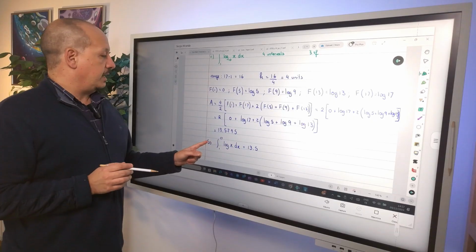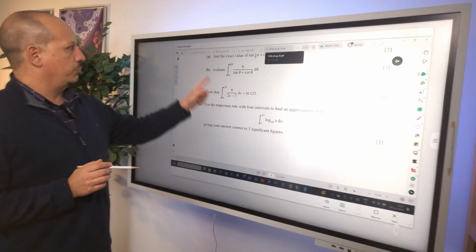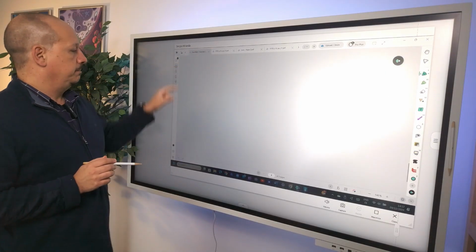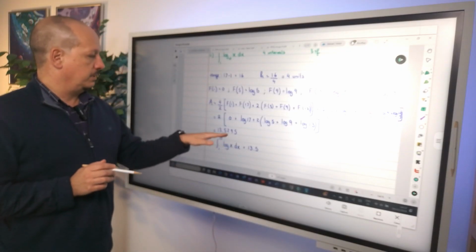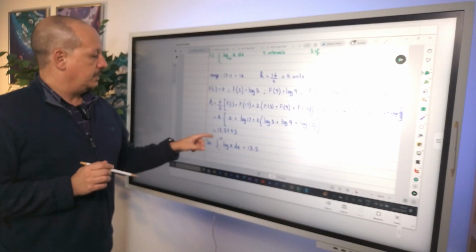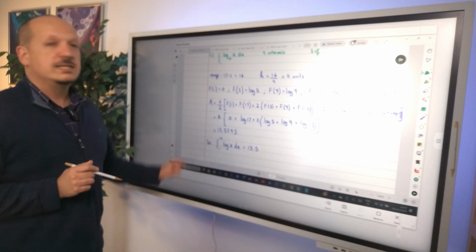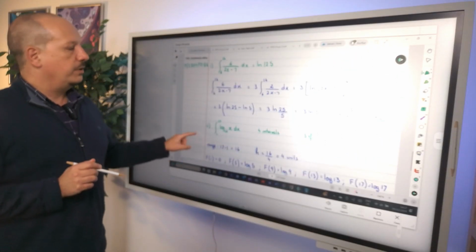You just needed a value correct to 3 significant figures. Okay, so just plug that in a calculator. You got that result for decimal places, rounded so that you have 3 significant figures, and the result is 13.5. And this will be it for the trapezium rule.